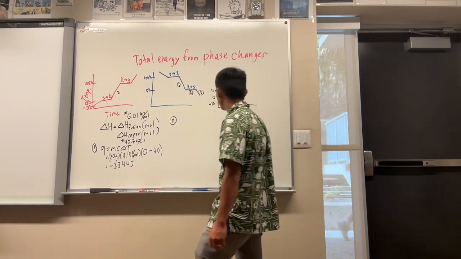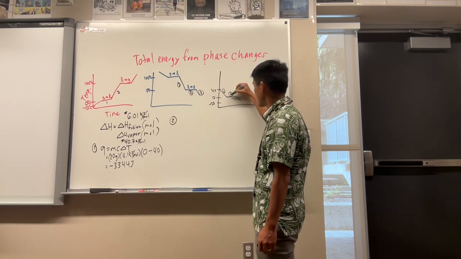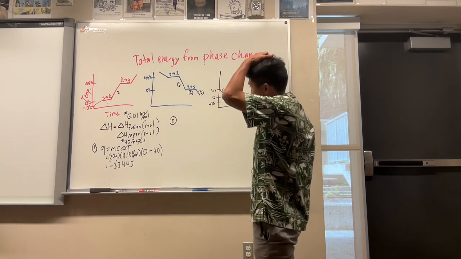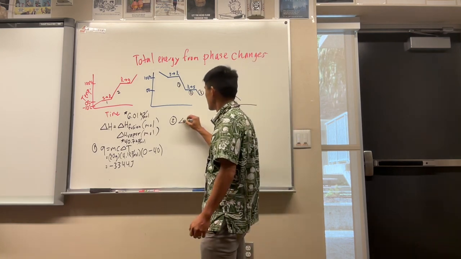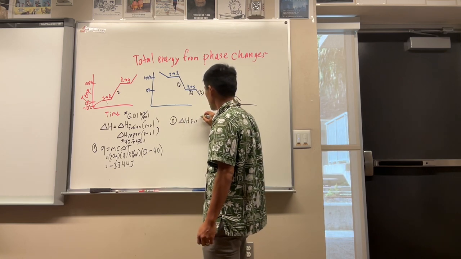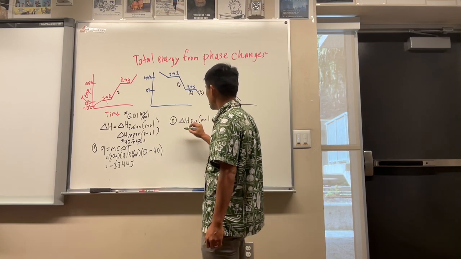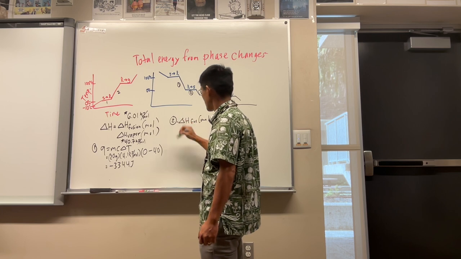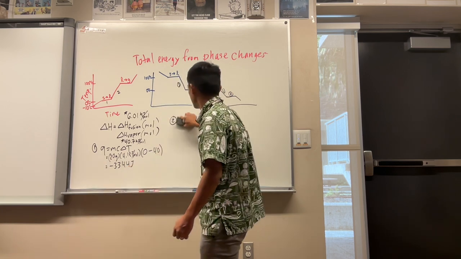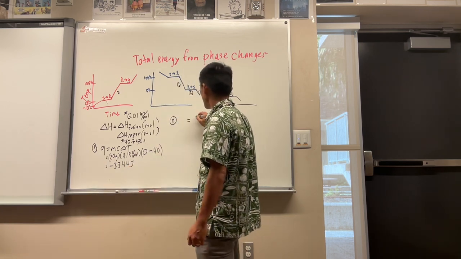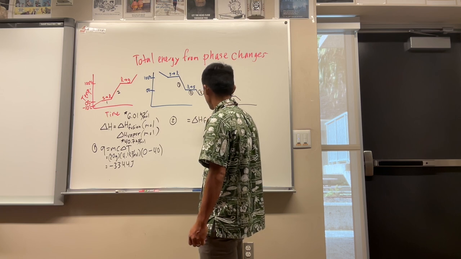Step 2. It's a flat line, changing from liquid to solid, so delta H fusion times moles. We had the moles from the last problem, so let's just use that, the 1.1.